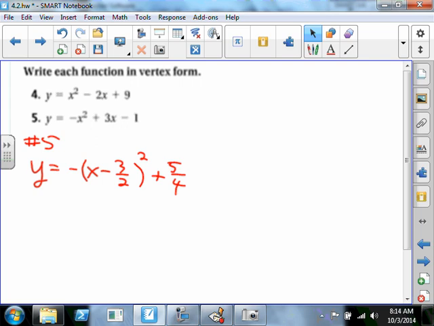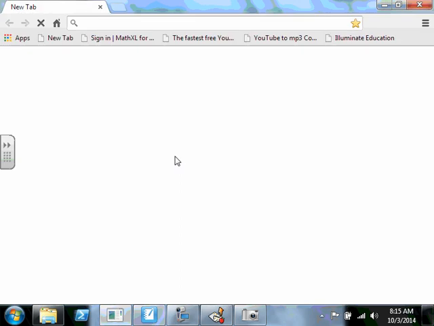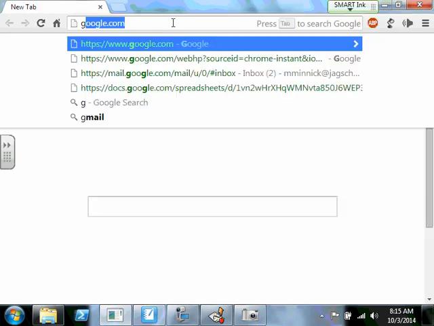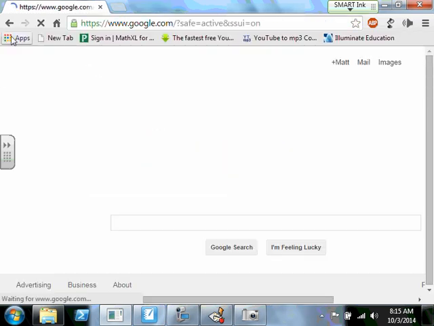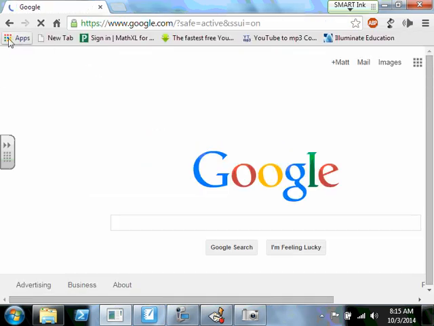I'm going to use Google Docs. Why are you using Google Docs? Well, because not everybody's got Microsoft Office. So I'm going to click this little button up here that looks like a waffle. They call it the waffle button.